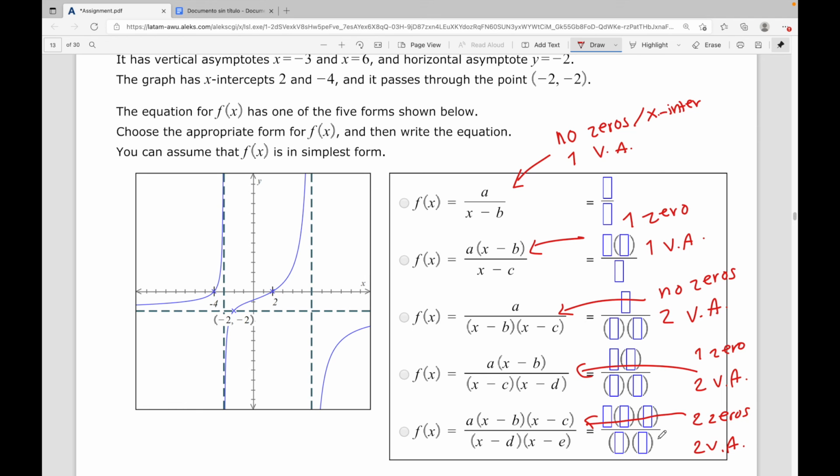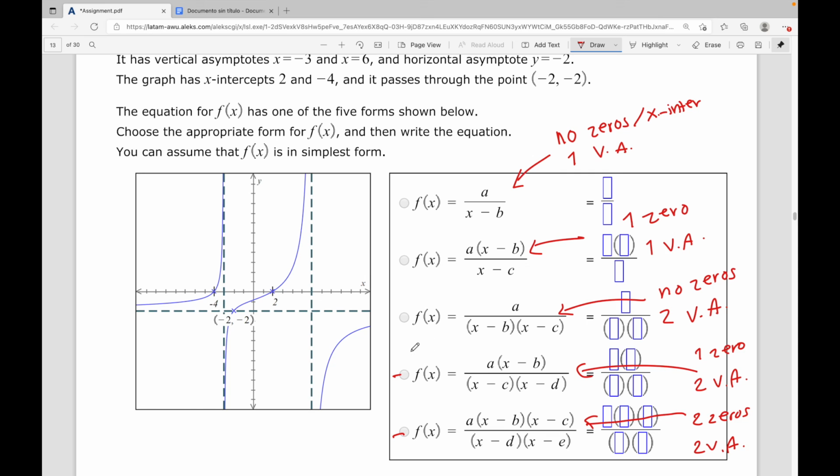Okay? If we were to have an empty dot, then the empty dot will be either this one or this one, depending on if we have zeros or we don't have any zeros.